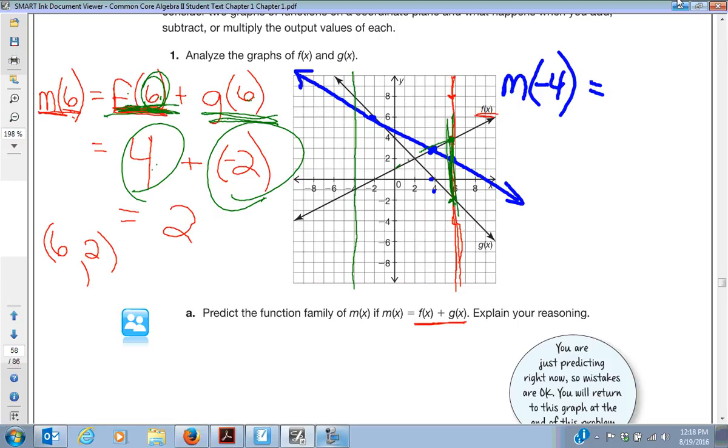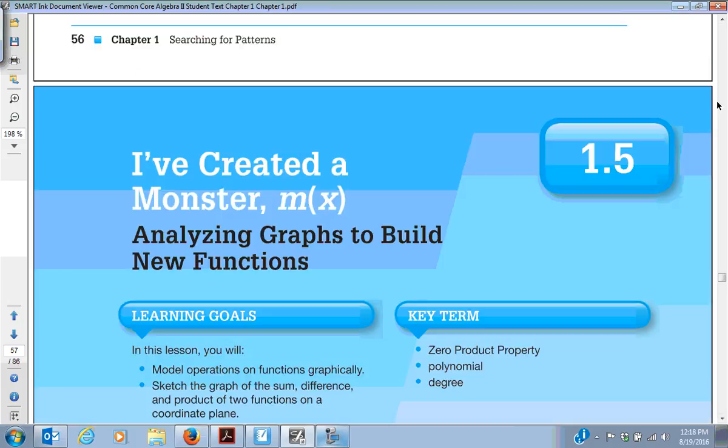Alright, here we go. This would be f at negative 4, and I'm going to add g at negative 4. Here, let's do that.